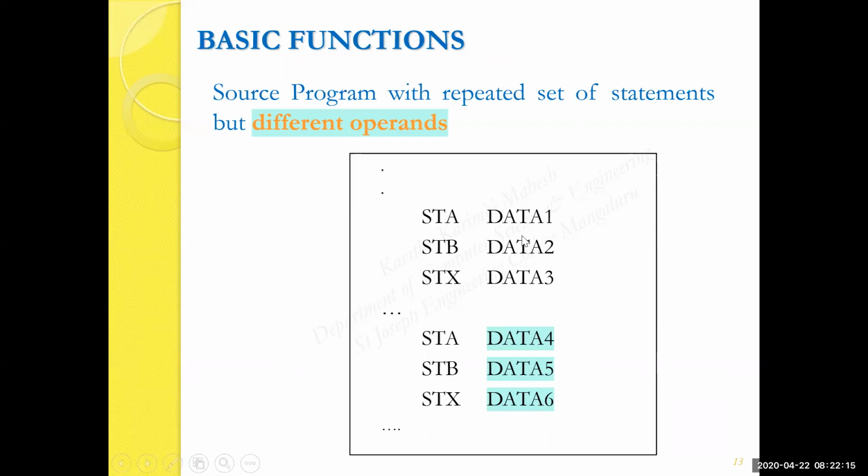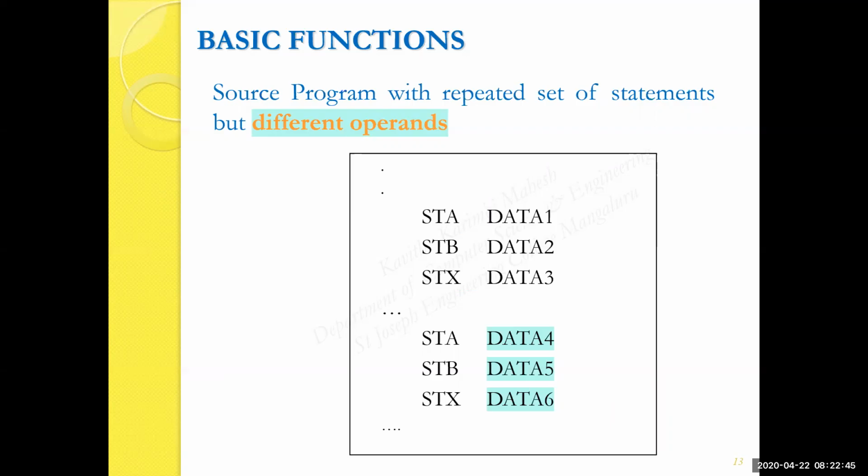For example, in the first set, the instruction STA has the operand data 1, while in the second set, the operand is data 4. Likewise, the instruction STB has the operand data 2 in the first set, while in the second set, it is data 5. So now, in order to generate instructions of this kind, we need to define a macro which has parameters.